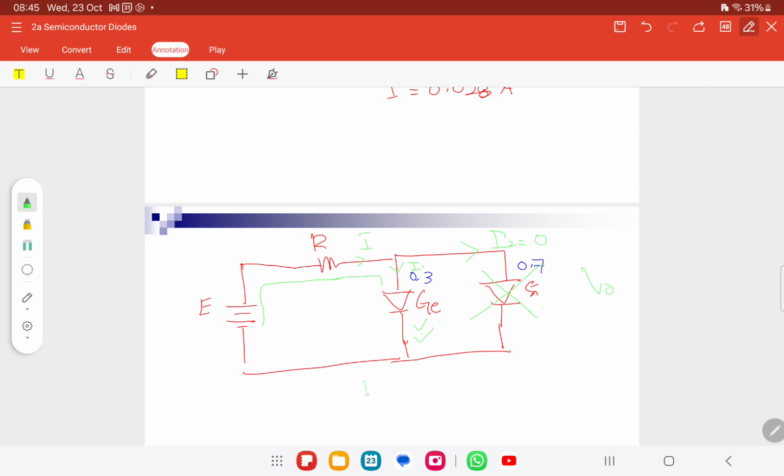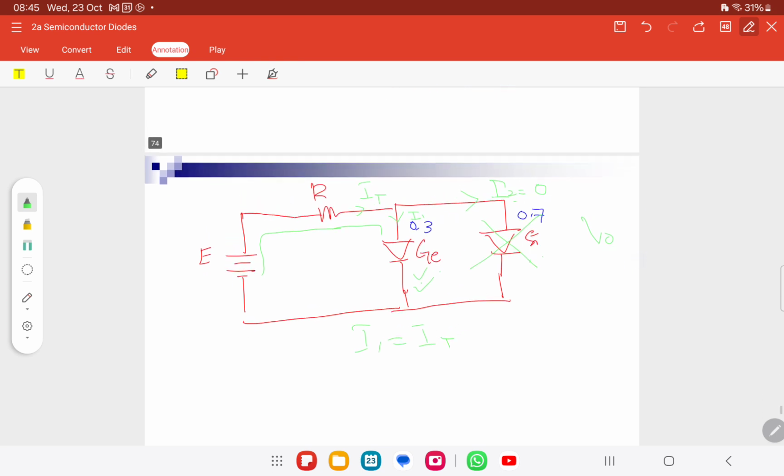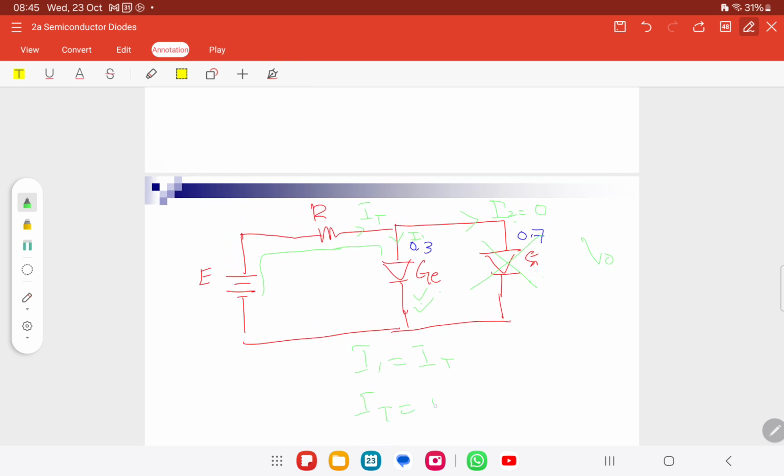So I1 is equals to I total, because I2 is equals to 0. Dia sebenarnya I total equals to I1 plus I2, but then I2 is 0.